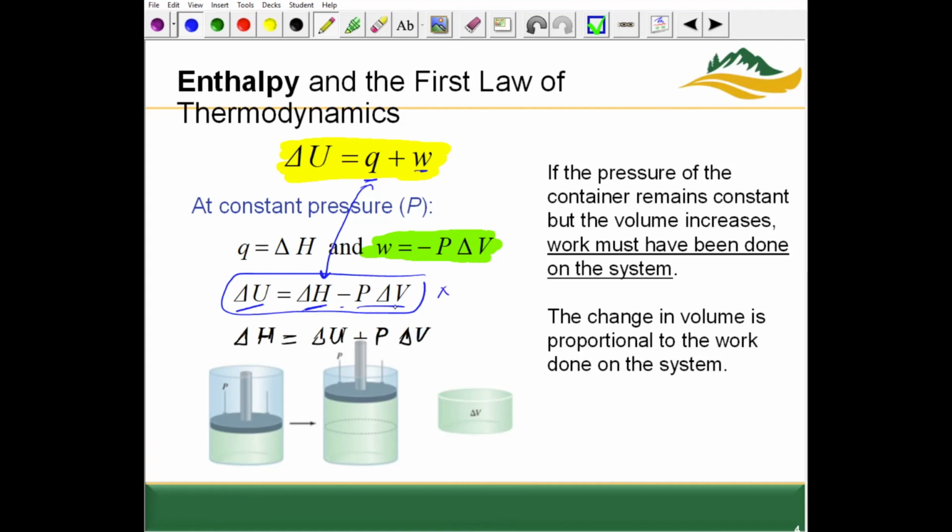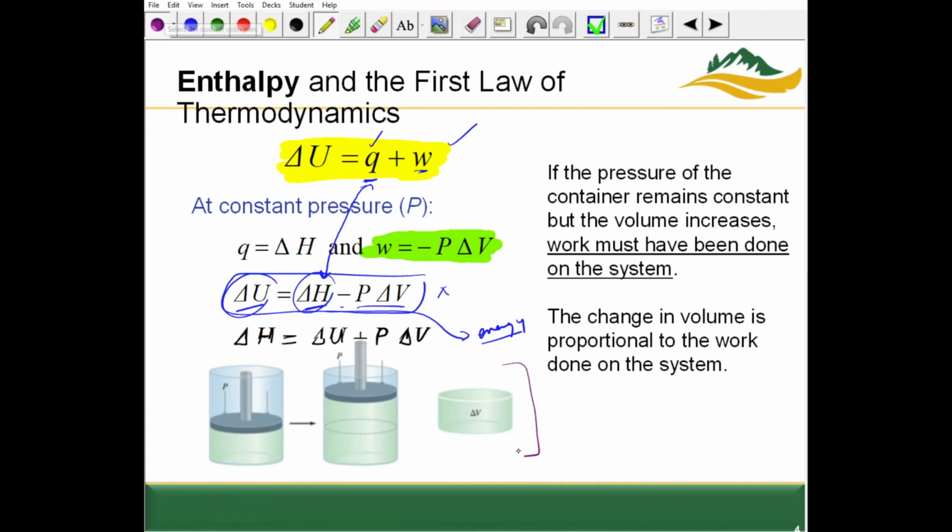I just wanted to show you that the internal energy of a system can be connected to heat and work, like we saw previously. Then we can also incorporate this idea of the enthalpy of the reaction, because we think of this ultimately as the energy involved in the reaction, where the energy involved in the reaction can be equated to the heat of the reaction.